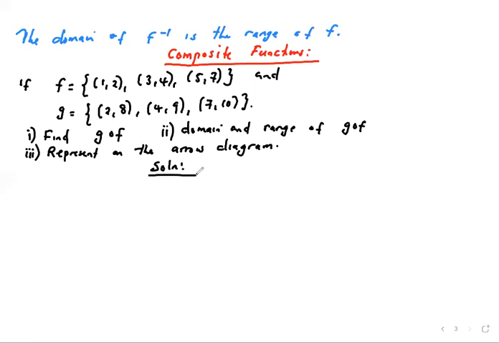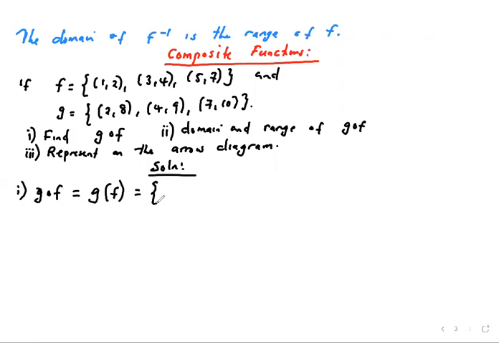So I want to explain now what we mean by composite for these functions. So we're looking for one, g of f. G of f is the same as you get g, in g, you take f.